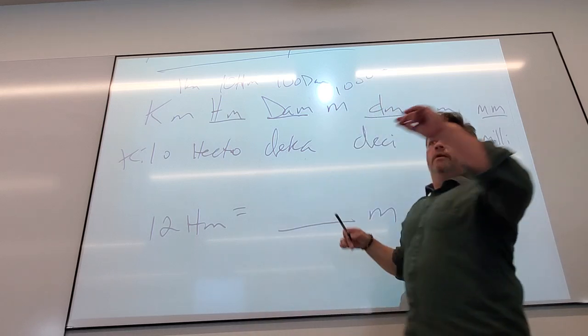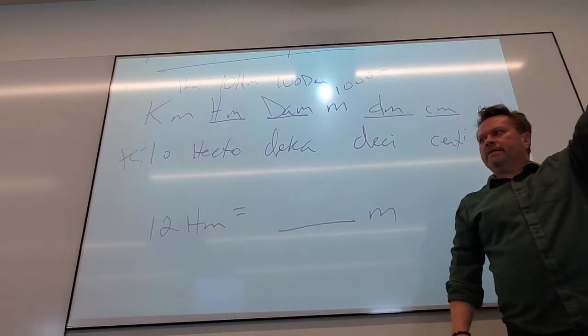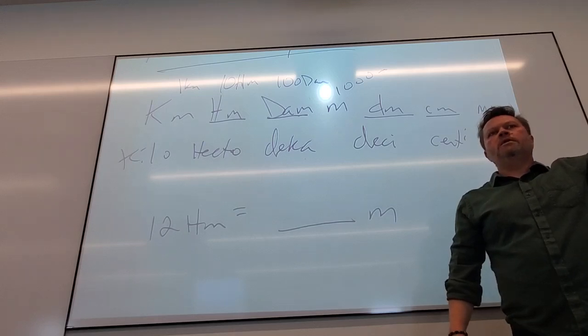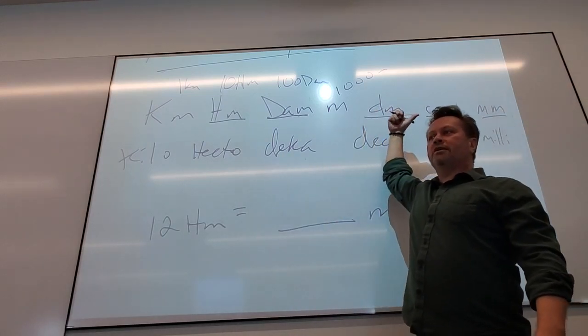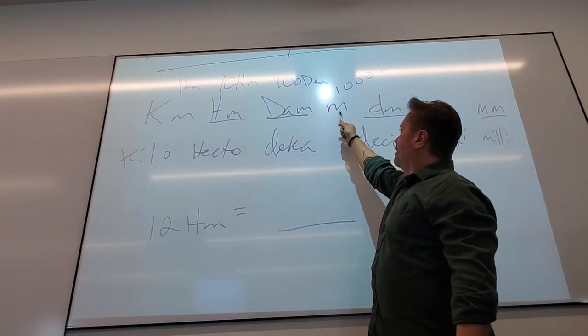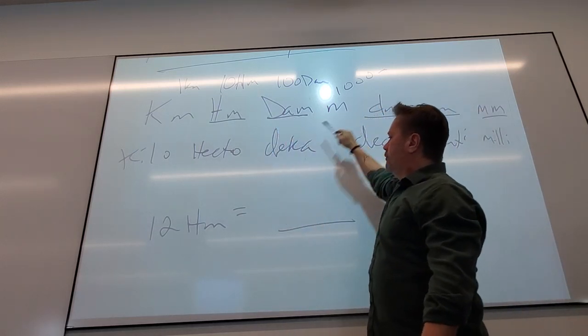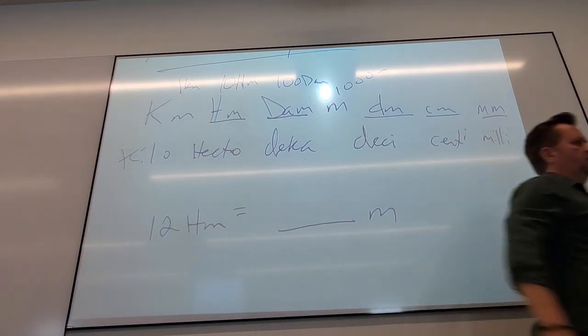Every step is a step of 10, so I just have to multiply by 10 twice, which means I just have to move the decimal twice in the direction I just went. So if I go from hecto to meter, I'm going to go 1, 2, and move the decimal over 1, 2. So I'm going to make it 1,200.